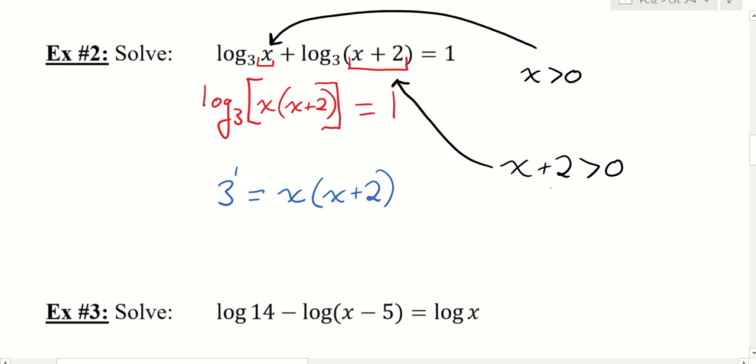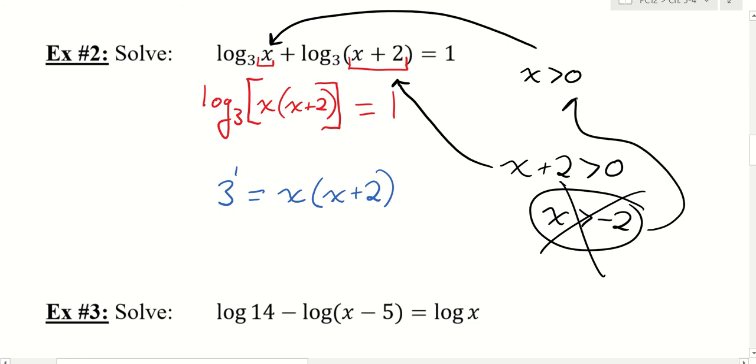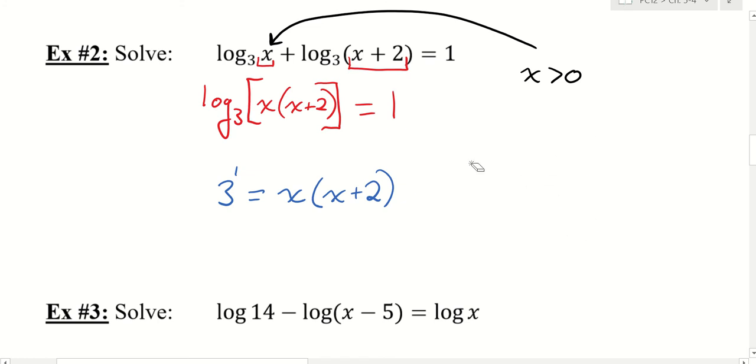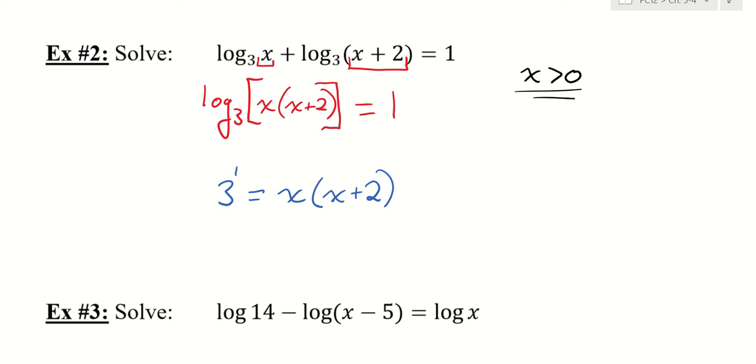And what value of x would make that so? Well, if we subtract 2 from both sides of the inequality, x would have to be greater than negative 2. But this is more restrictive, right? So let's say I found an answer of x equals negative 1. That would satisfy this restriction, but it wouldn't satisfy this restriction. So really, this restriction doesn't matter. It's in a sense embedded within this restriction anyways. So this is really the only restriction that matters. So I will just keep that off to the side, and if we get a 0 or negative value for x, then we'll have to deal with it then.